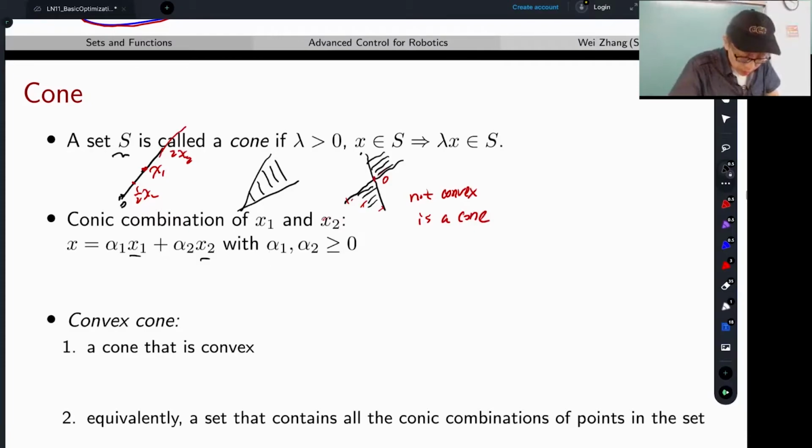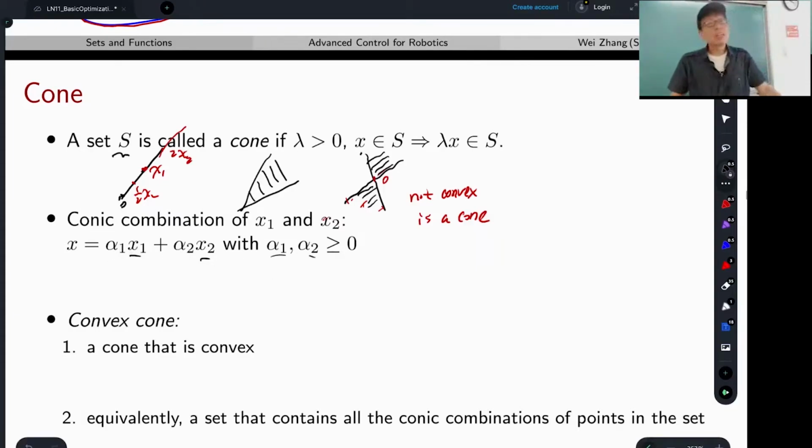With alpha 1, alpha 2, the conic combination is alpha 1 x1 plus alpha 2 x2, where alpha 1, alpha 2 are all non-negative. There's no additional requirement that the summation of alpha 1 and alpha 2 equal 1. That becomes a conic combination.